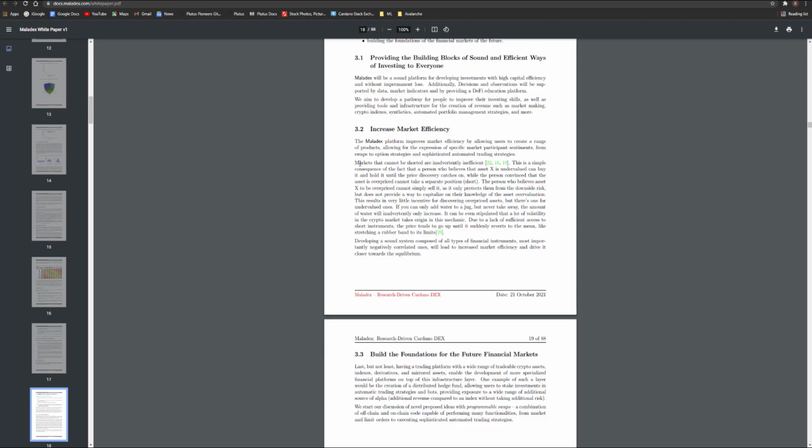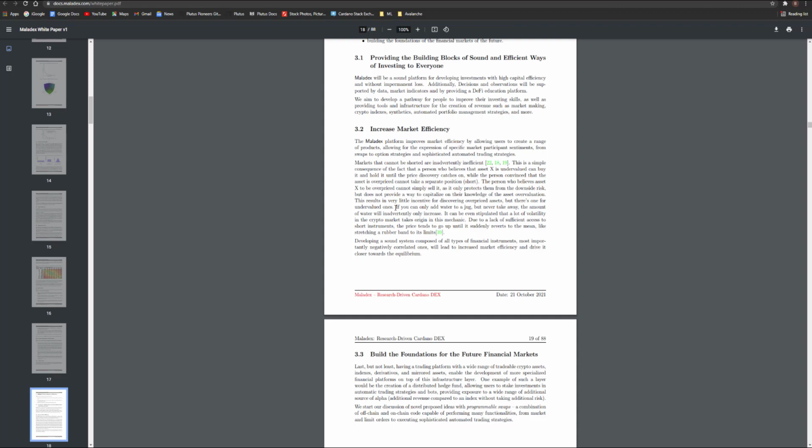This is interesting. Markets that cannot be shorted, so betting against something, are inadvertently inefficient. This is a simple consequence of the fact that a person who believes that asset X is undervalued can buy it and hold it until the price discovery catches on, while the person convinced that the asset is overpriced cannot take a short position.